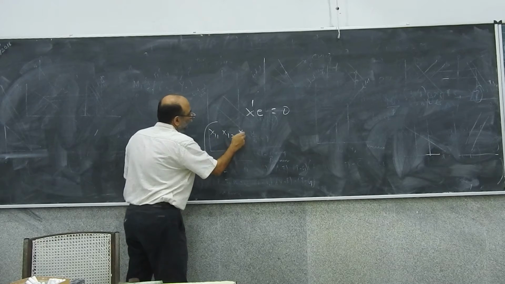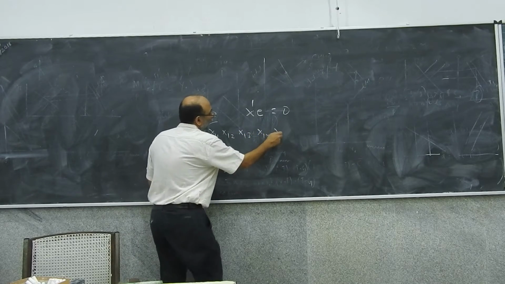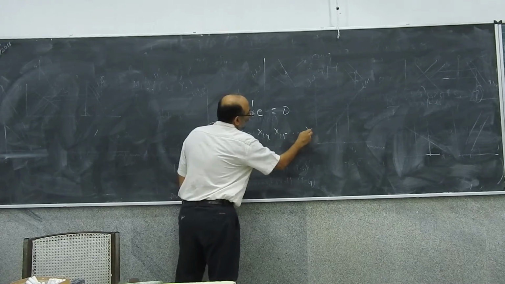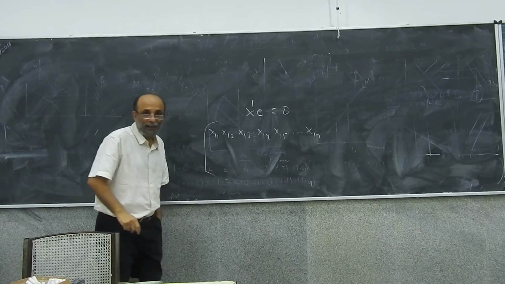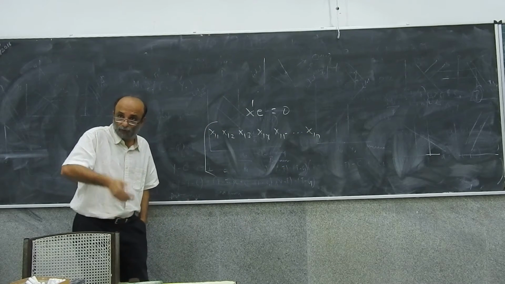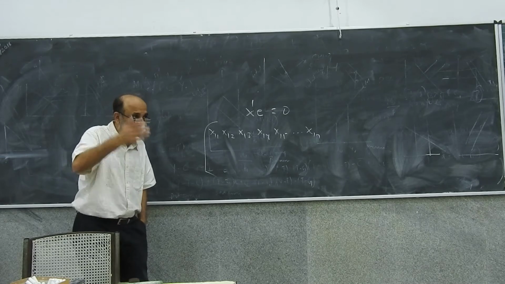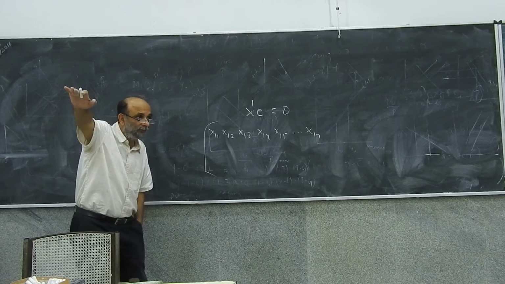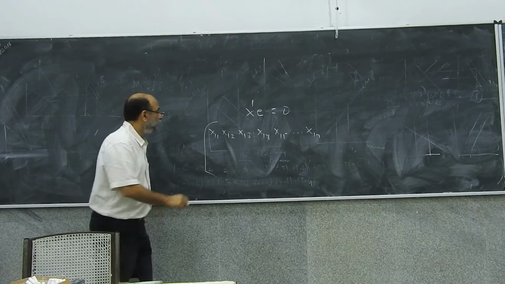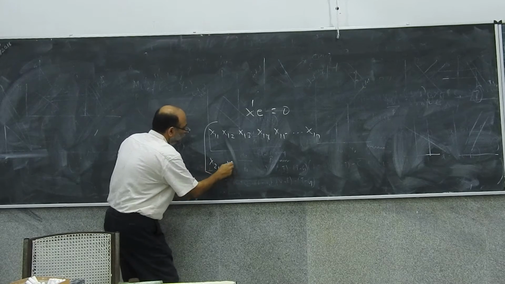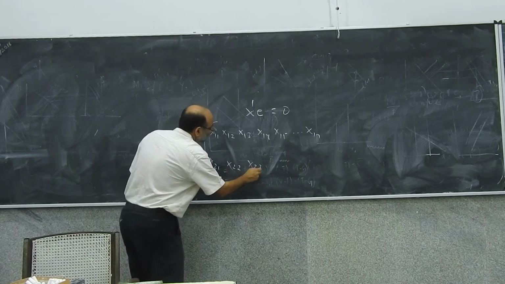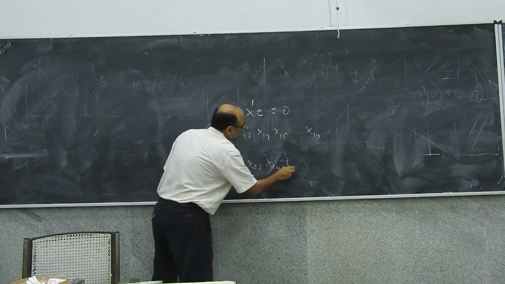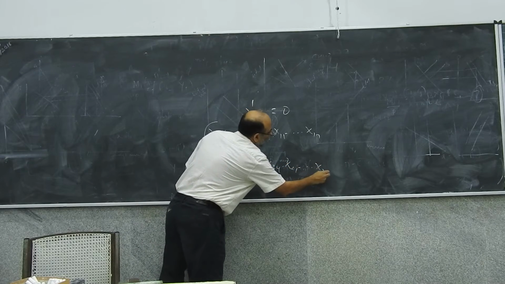x11, x12, x13, x14, x15 up to x1n, right? The first column in x will be the x1 variable, which will become the first row, right? What is the second row? x21, x22, x23, x24, x25, x2n.